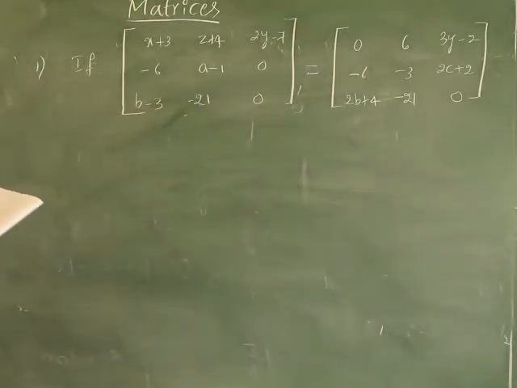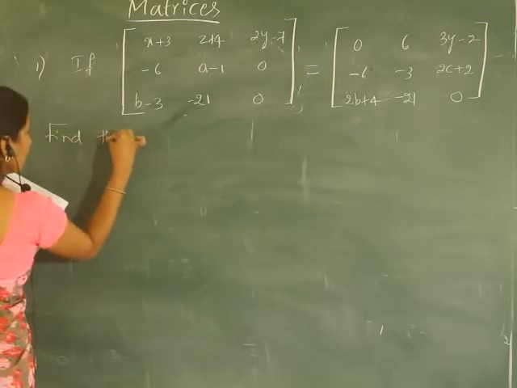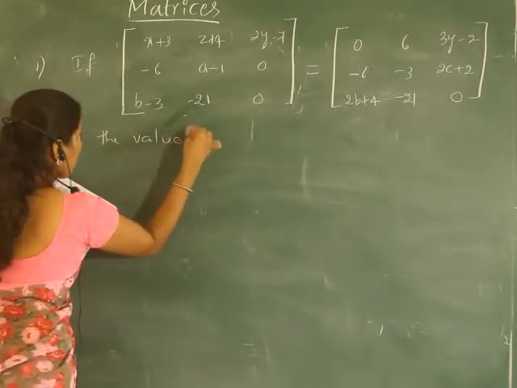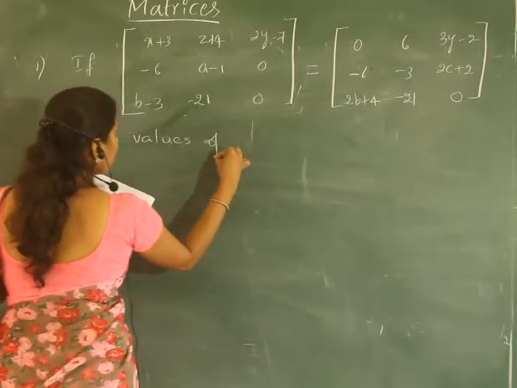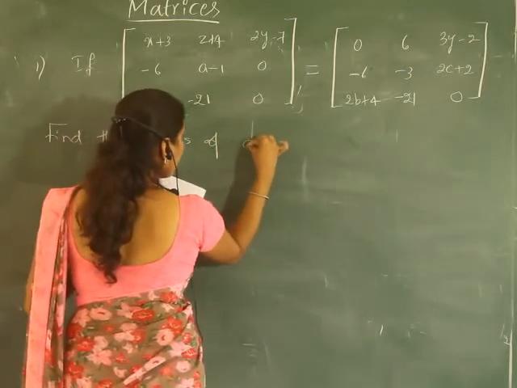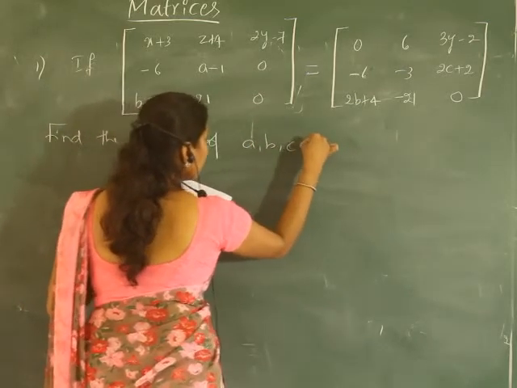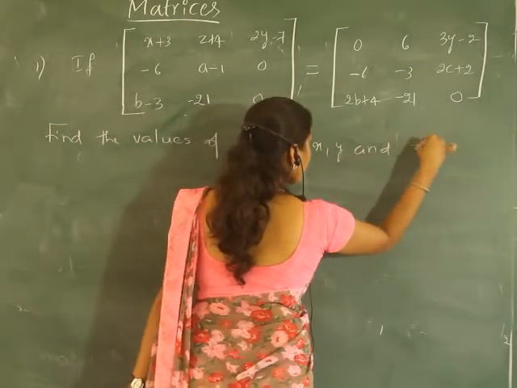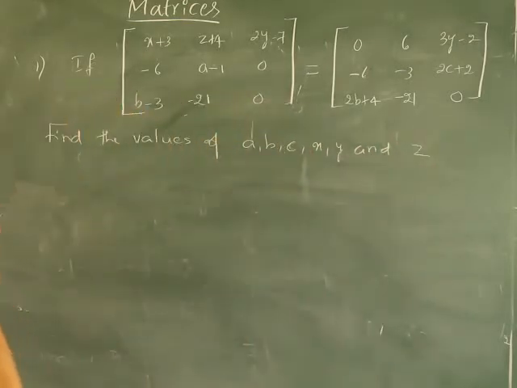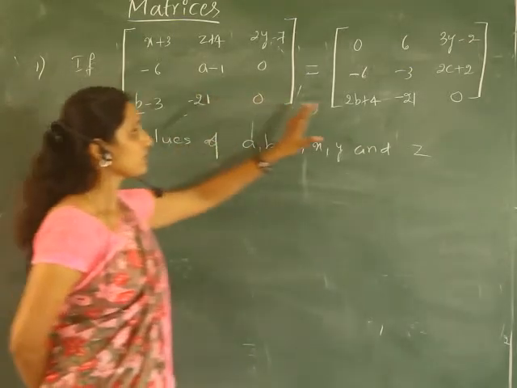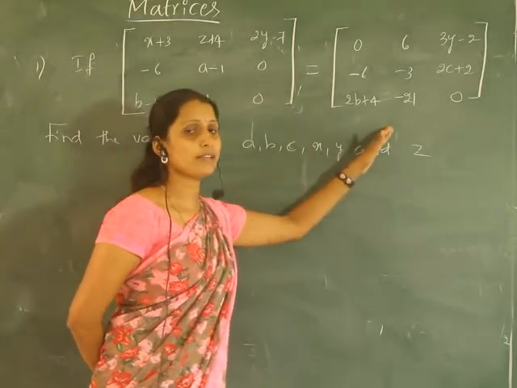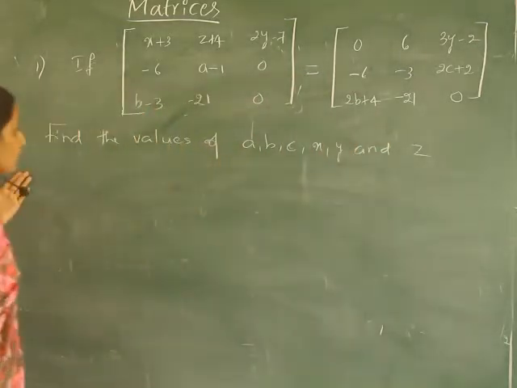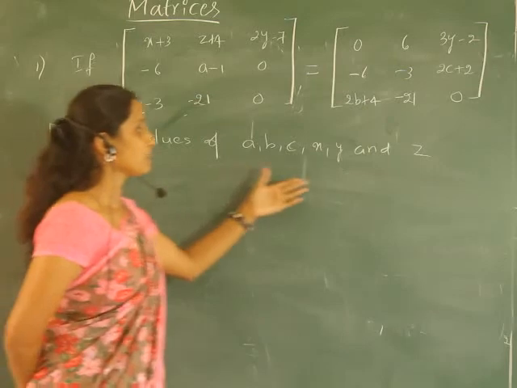If these two matrices are given, find the values of a, b, c, x, y and z. So this is one matrix and this is one more matrix. It is given these two matrices are equal. So we have to find out the values of a, b, c, x, y and z.